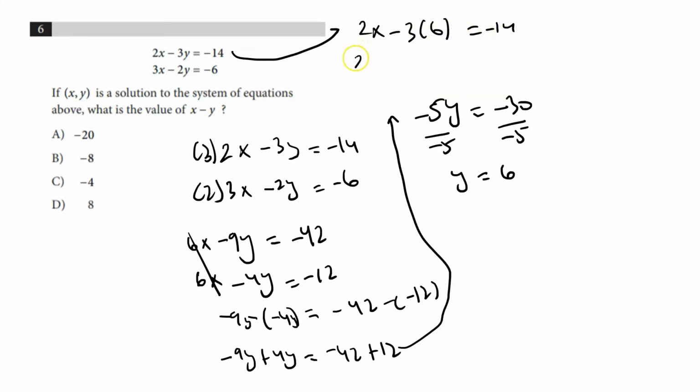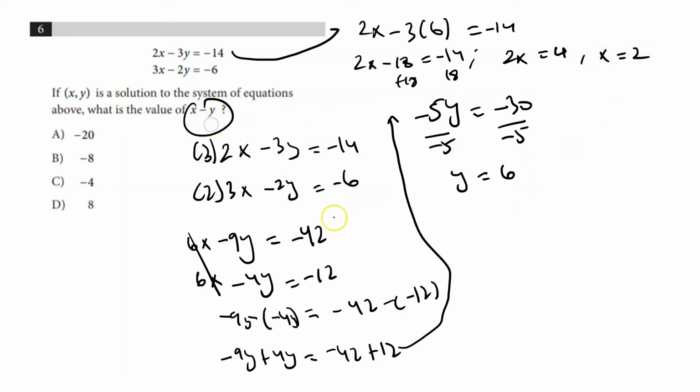So that means that 2x minus 18 equals negative 14. Adding 18 to both sides, 2x equals 4, and x equals 2. That means, and we want to find this value, x minus y. We can write it over here. x minus y equals 2 minus 6 equals negative 4. Answer choice C is correct.